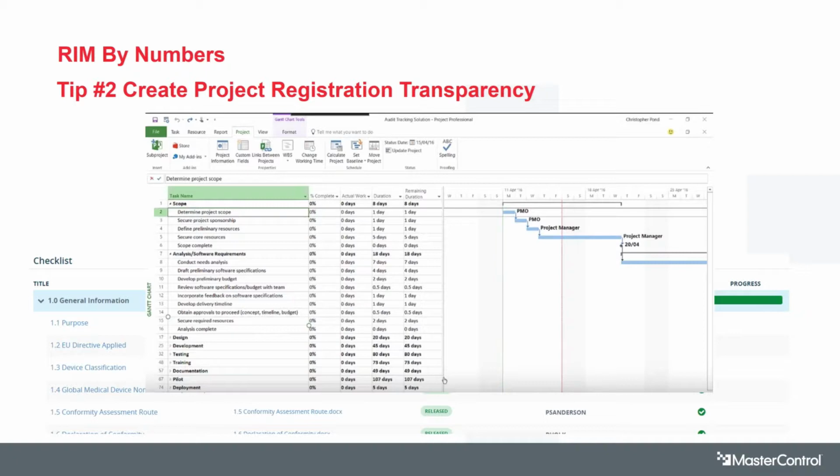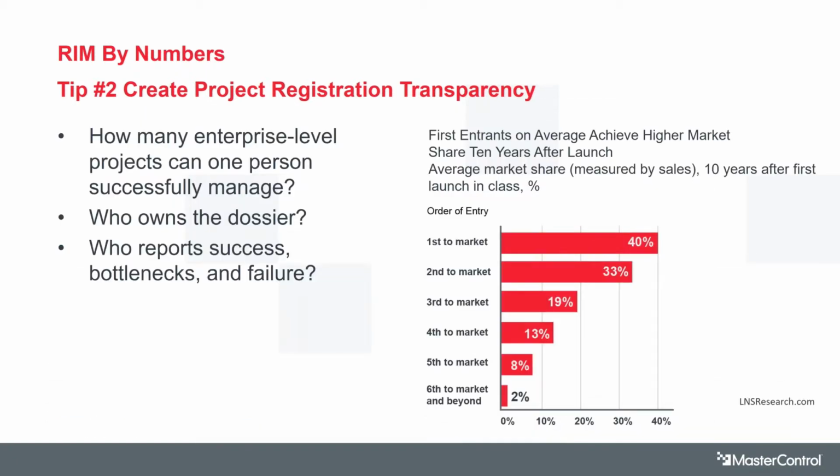I think my key takeaway from this entire presentation, this version of which has been given for about a year, is you need to formalize project management in your organization. There's no other way to communicate this. It needs to be viewed as more than a regulatory activity. We talked about how many enterprise level projects one person can successfully manage. Sure, that is variable from company to company and product to product, but as a pretty safe rule, 5 is hitting the max there.